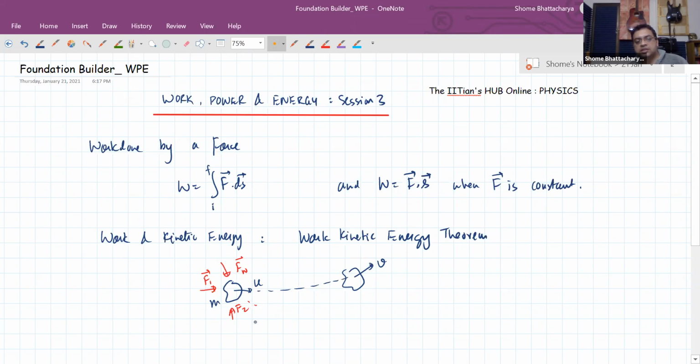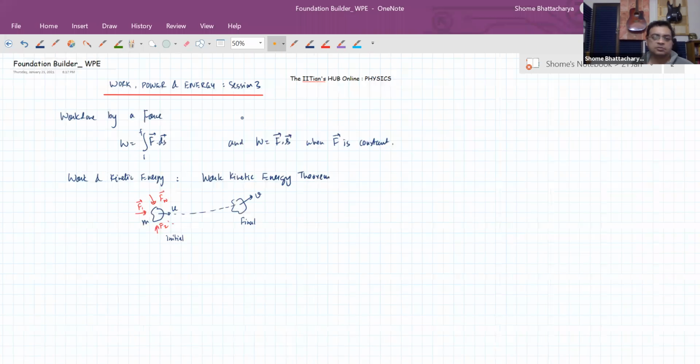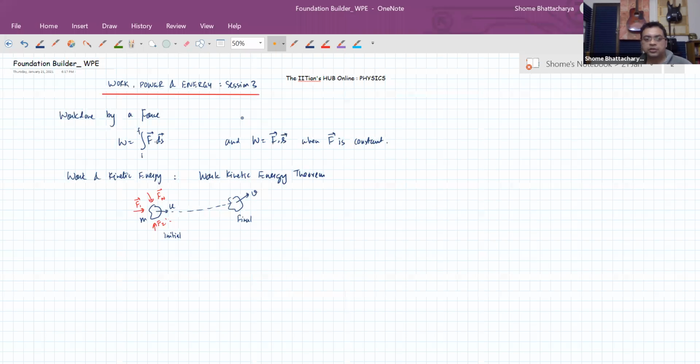This is initially, and this is the final state after some time. During this time, the net algebraic sum of the work done by all the forces acting on the body results in a change in the energy of the body which is associated with motion, and that is called the kinetic energy.